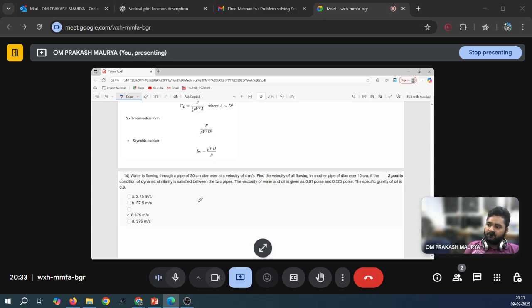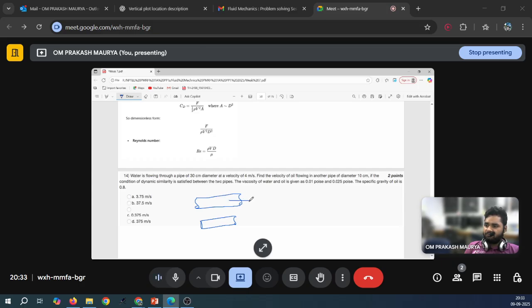So you have two pipes. One is this one, which is 30 centimeter. Another is 10 centimeter. Here water is flowing.